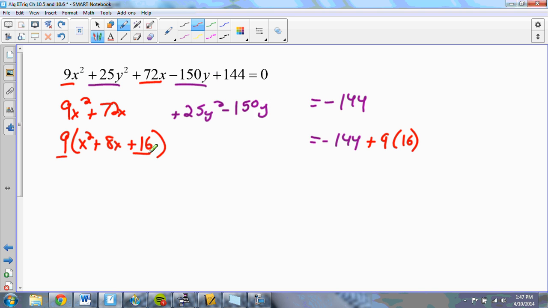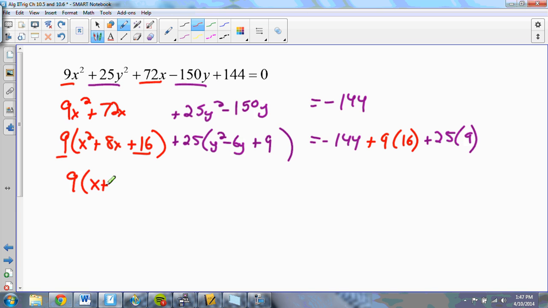For the purple one, I'm going to factor out a 25 and that leaves me a 6. And my b is -6, so b over 2 is -3, b over 2 squared is 9. So I'm adding 25 times 9. So the left side factors into this.